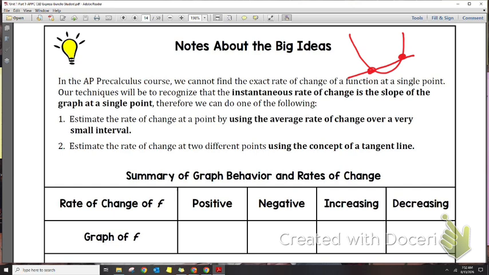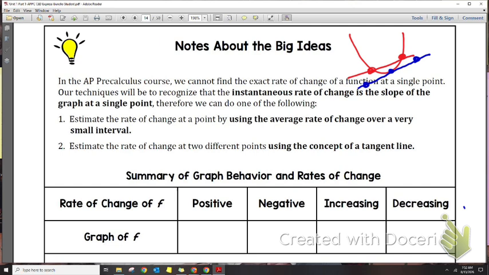So if I'm looking for the instantaneous rate of change, the tangent line is going to come up, touch at that 1 point, and then continue. We could use the tangent line if we knew it, because it'll have 2 points on it as well, and its slope is going to be the same slope that's at that point. So you could use either one.